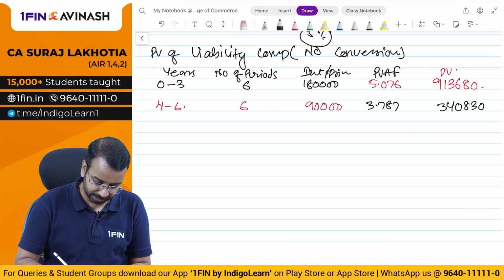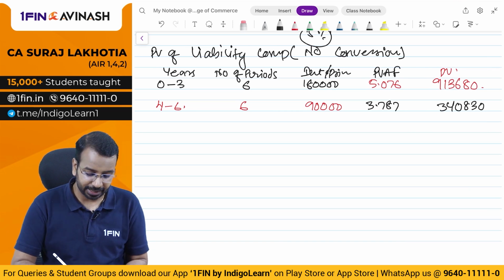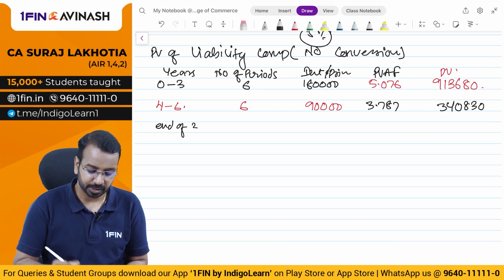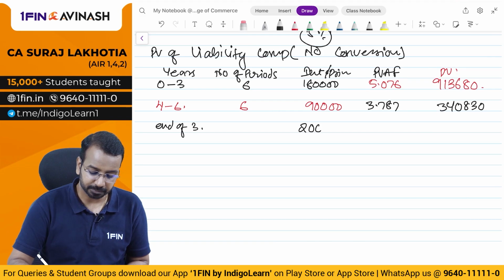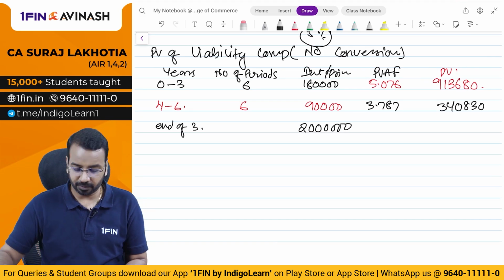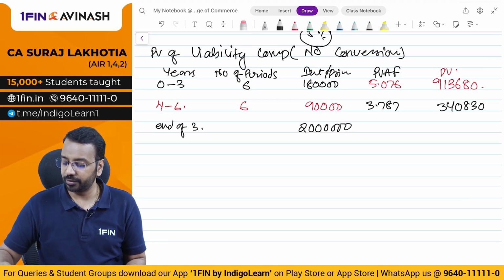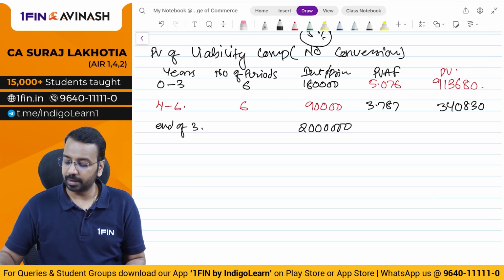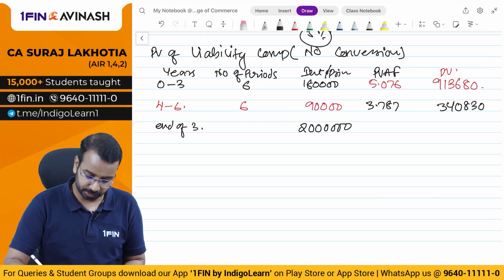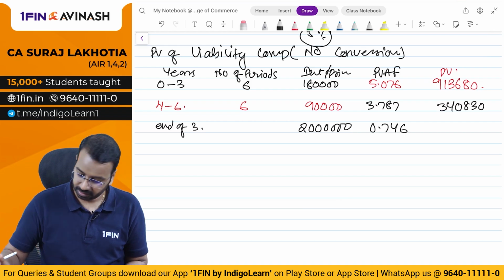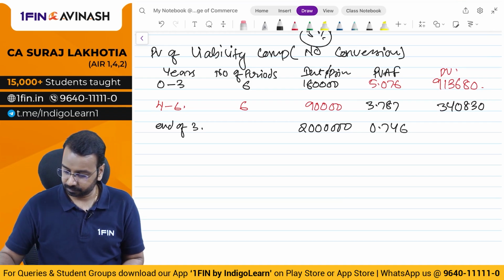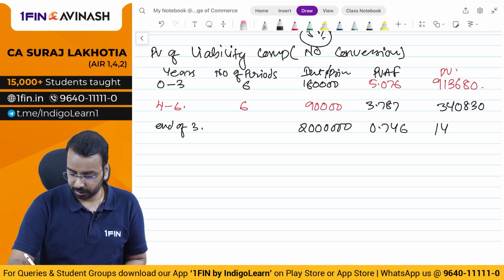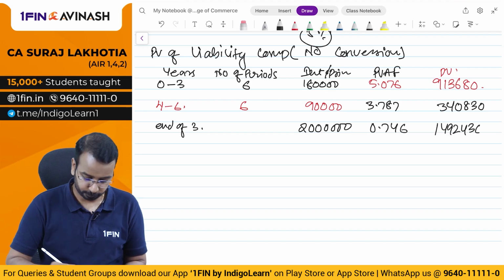Then principal, if it is not converted, at the end of 3 years, how much will we pay? 20 lakhs. What is the present value factor? It is not given in the question. 1 divided by 1.05 is equal to 0.746, into 20 lakhs, 1492430.